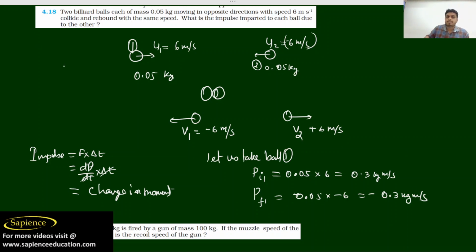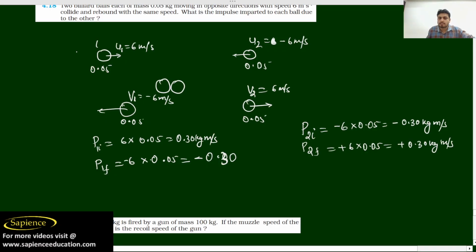So initial momentum of body 1 is 0.30 kg meter per second, and final momentum is minus 0.30. For body 2 also, initial momentum is minus 0.30 and final momentum is plus.